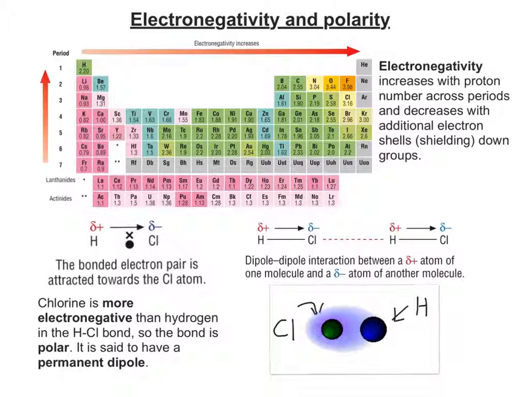So therefore, this will be the delta positive end, and this will be the delta negative end. And the purple cloud you can see is where we think the electrons are going to be most densely populated, or in other words, the bonding pair of electrons.